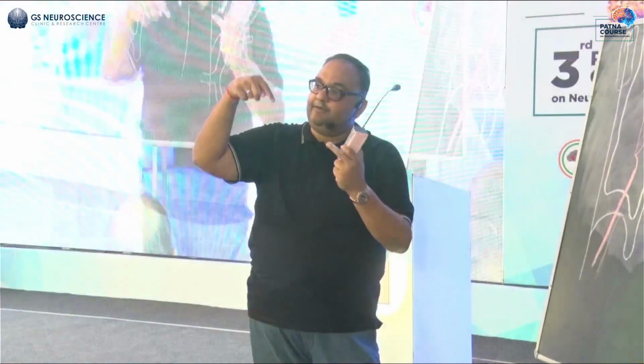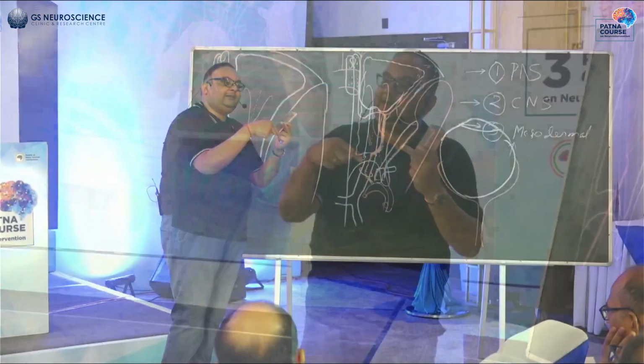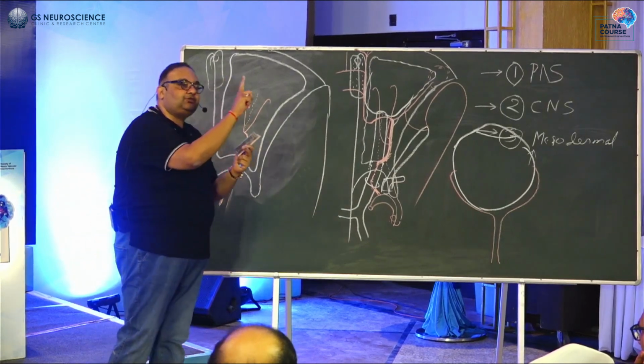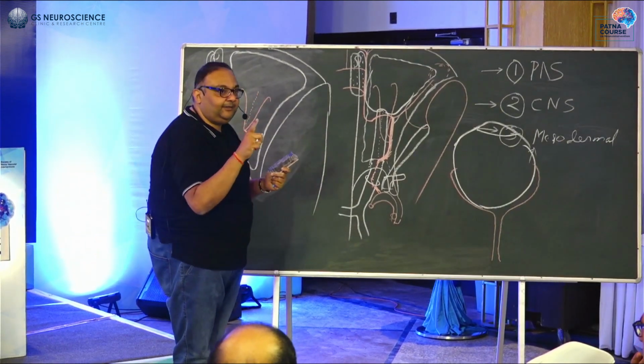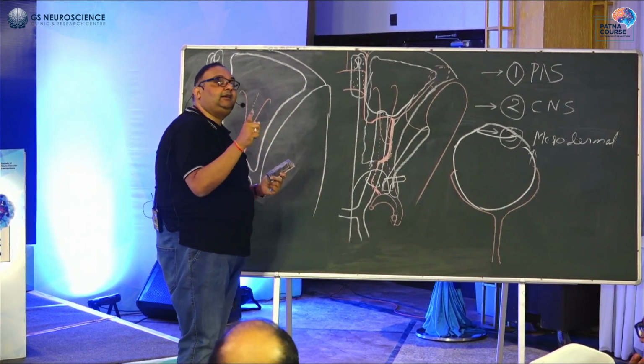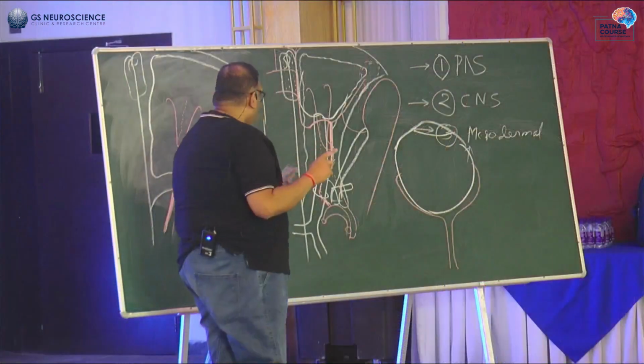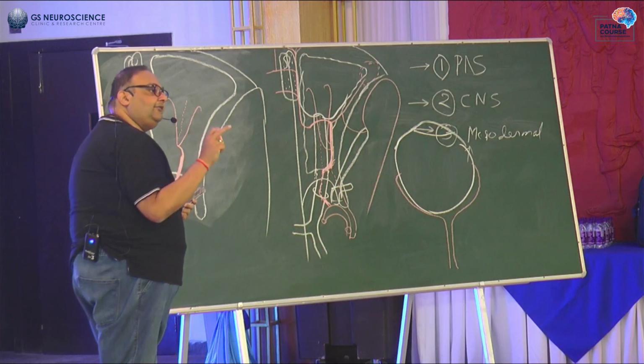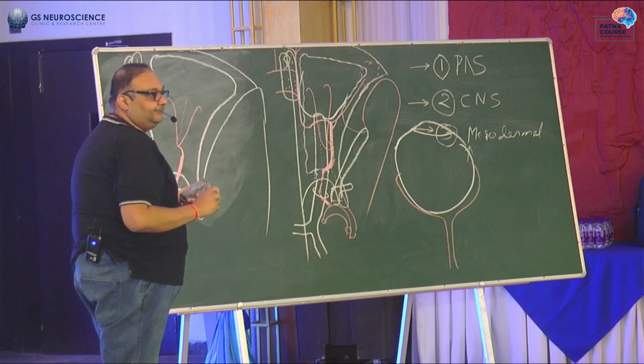One branch was going inferiorly, and that was going to become the primitive maxillary artery. And there was one branch going superiorly, which was destined to become the supraorbital artery. So the supraorbital artery is the artery which ultimately forms the middle meningeal artery.